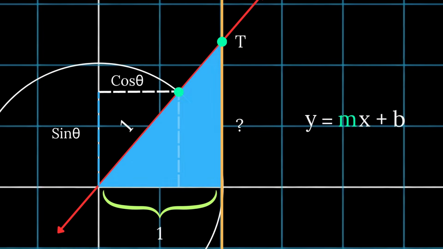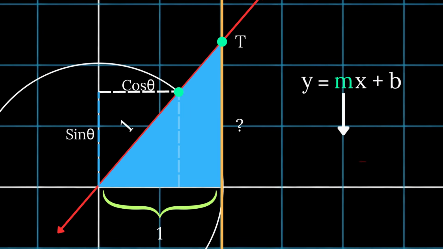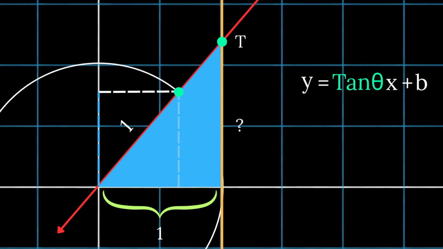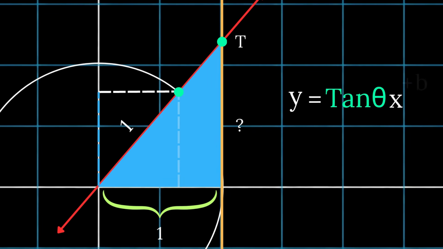So the slope of this line is sine of theta over cosine theta. And if you look at that, it is equal to exactly tangent of theta. The y-intercept, since the line passes through the origin, is simply 0. So our final equation for the line is y is equal to tangent theta x.